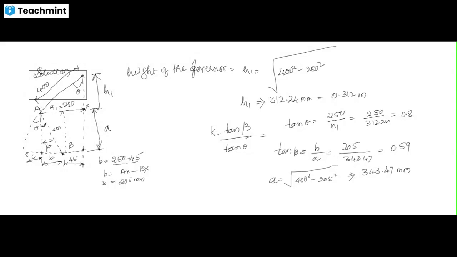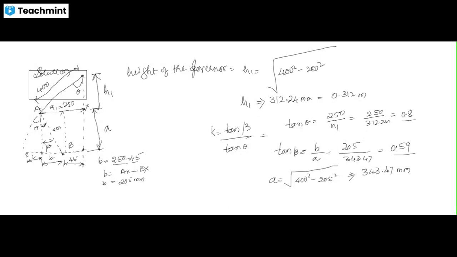Now you find out the value of K. 1.34. Tan beta is 0.59, tan theta is 0.8.